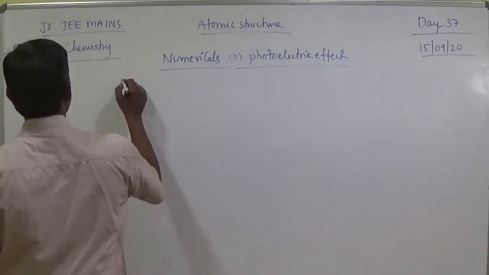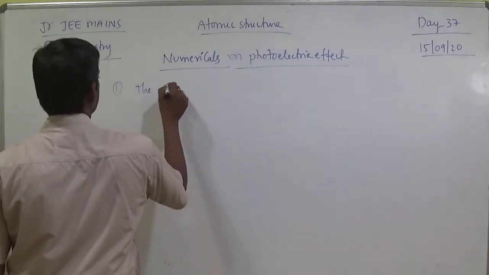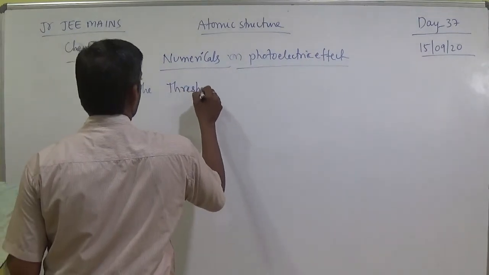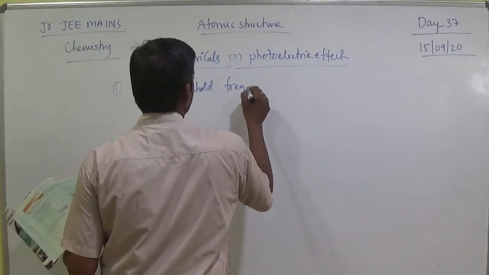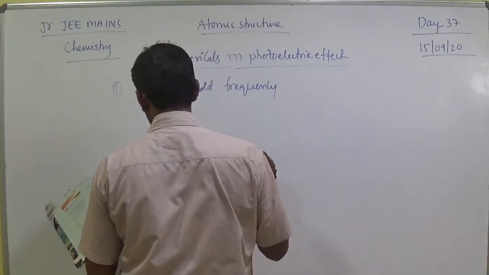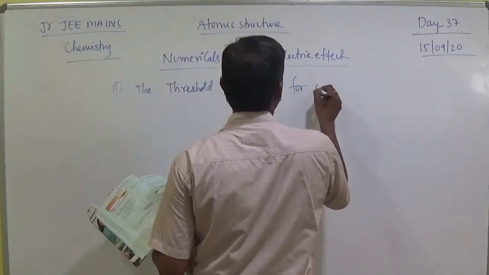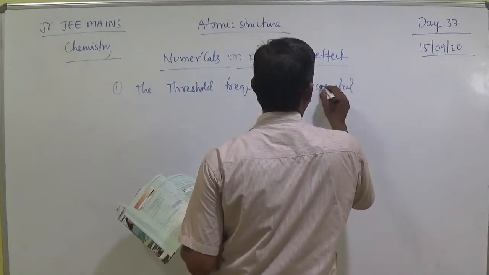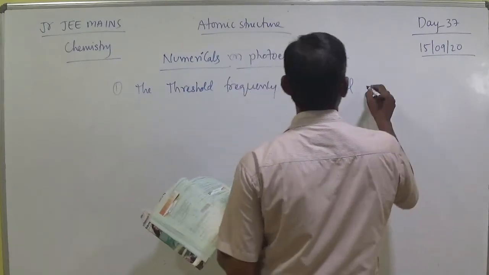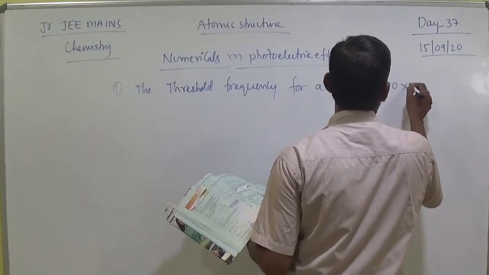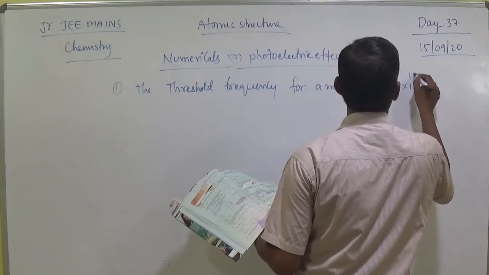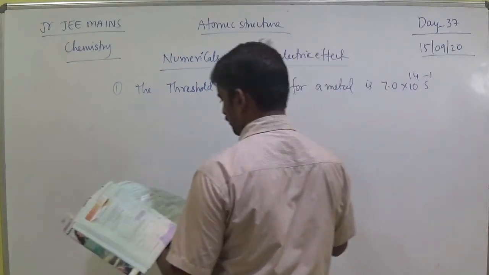The threshold frequency for a metal is 7.0 × 10^14 s⁻¹.